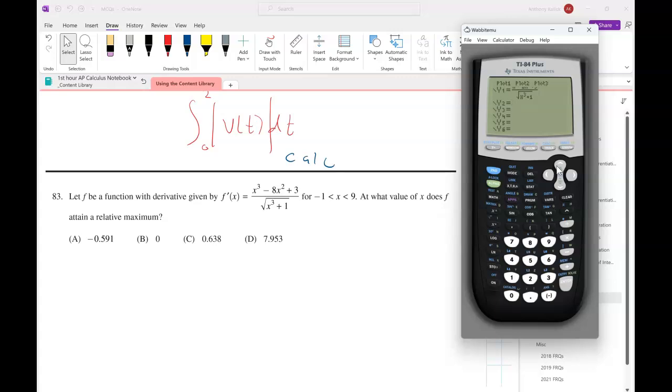What I'm going to do is, in my calculator into y2, do math, command 9, and do the integral from 0 to x of y1 dx. And then I'm going to look at the window from -1 to 9. I might have to adjust my y mins and y maxes, but I'm just going to look for the maximum value now. So I'm going to use my calculator to do that max command.